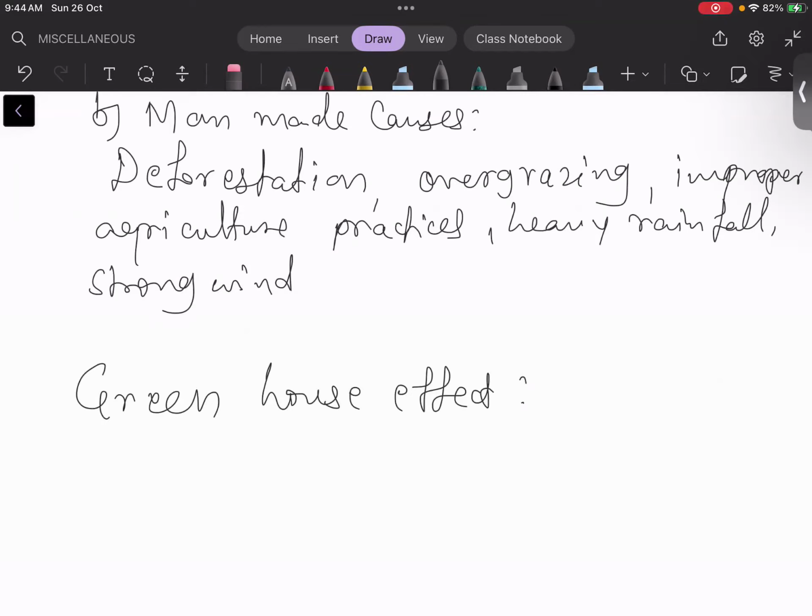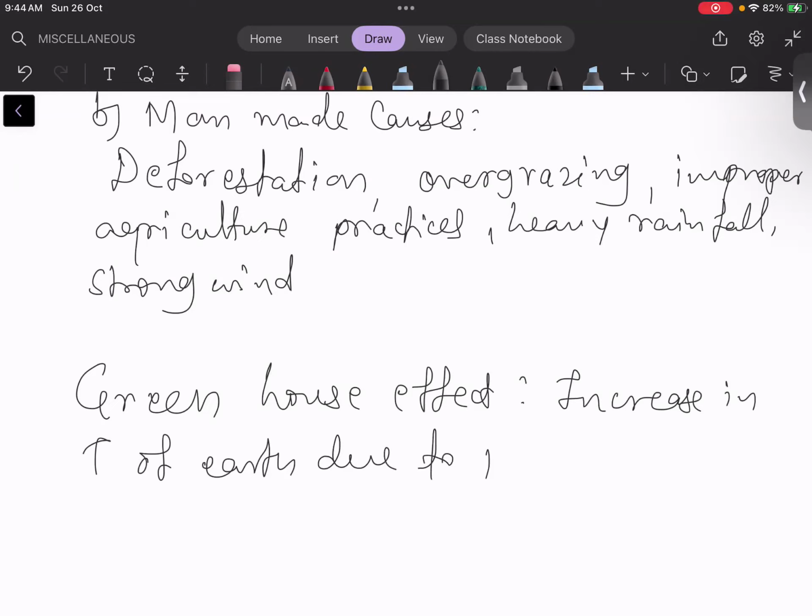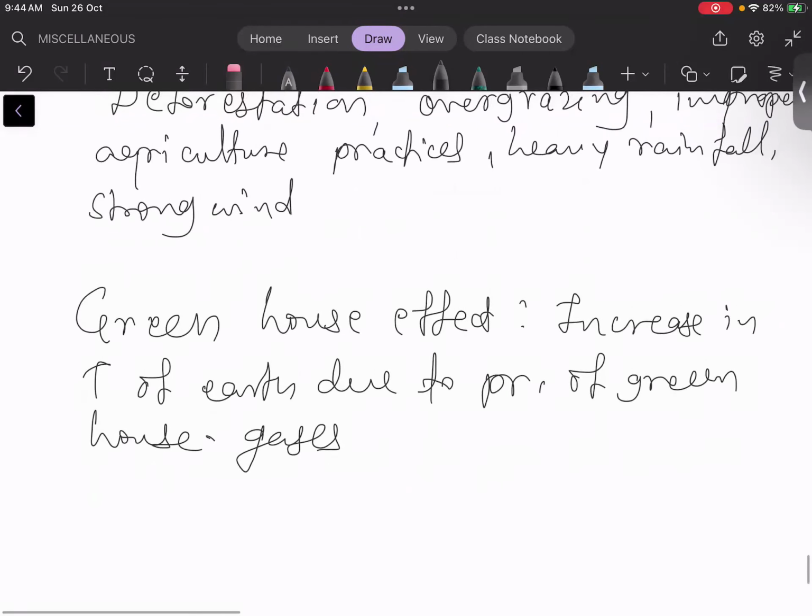It is the overall increase in temperature of Earth due to presence of greenhouse gases. That is called the greenhouse effect.